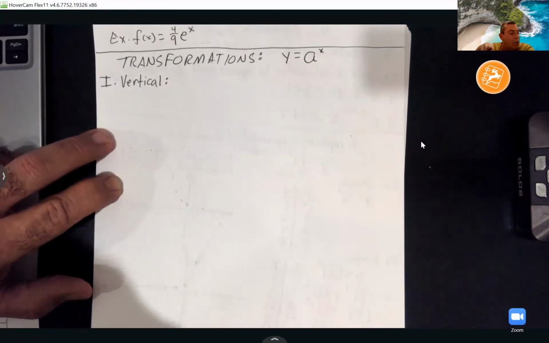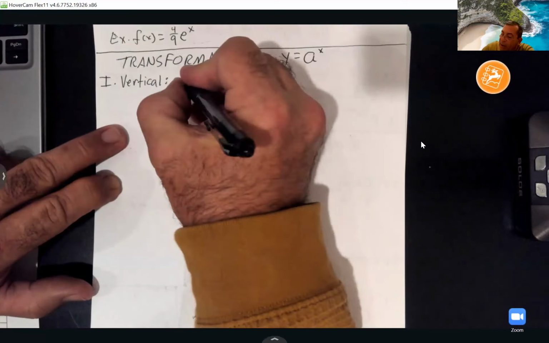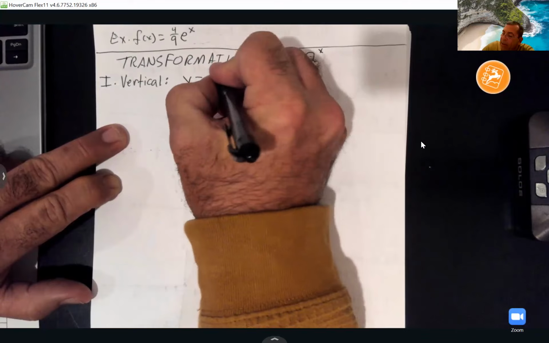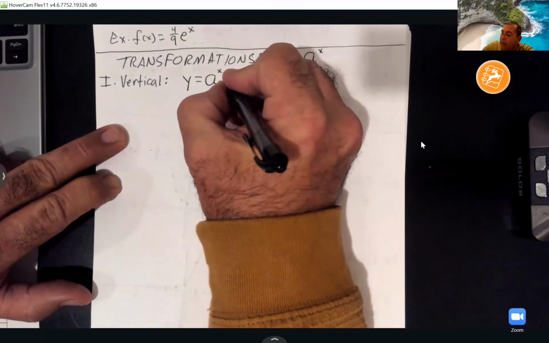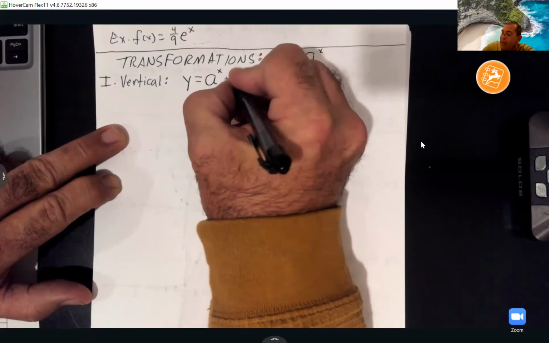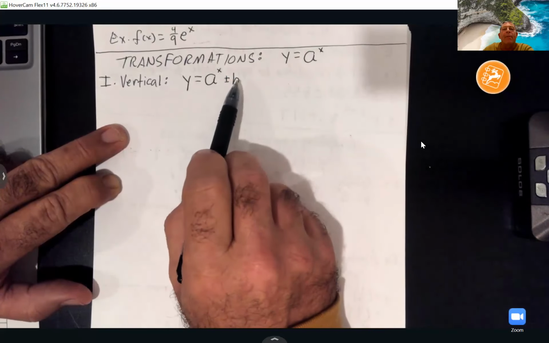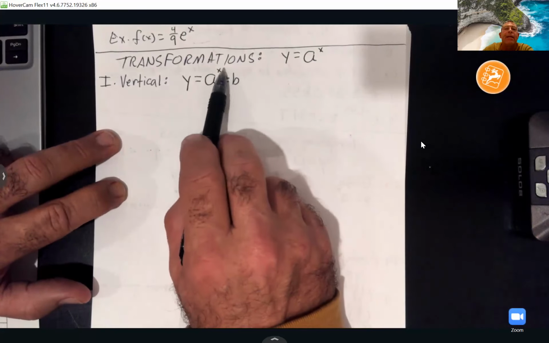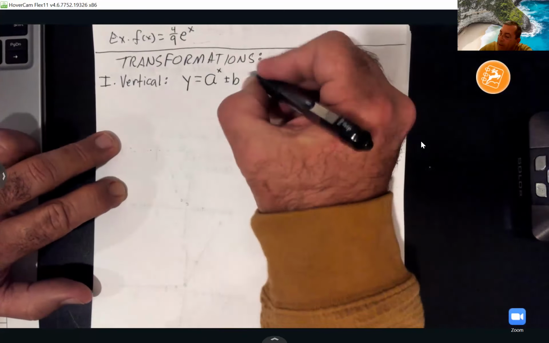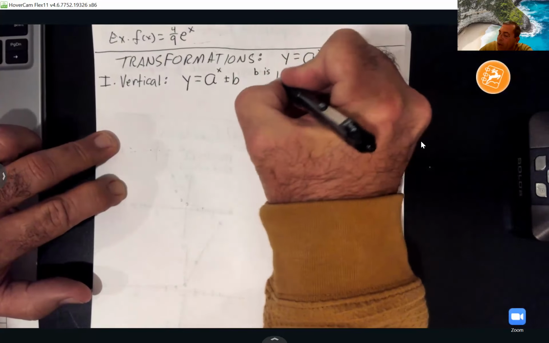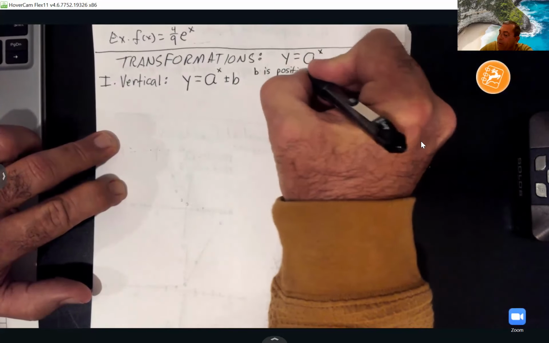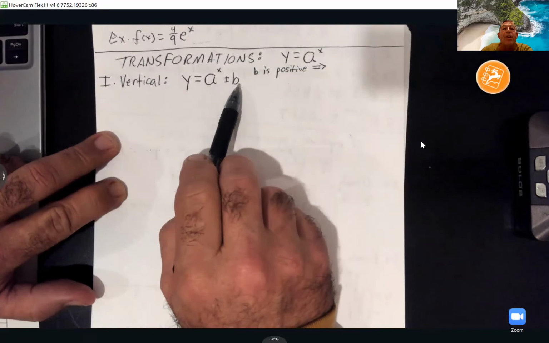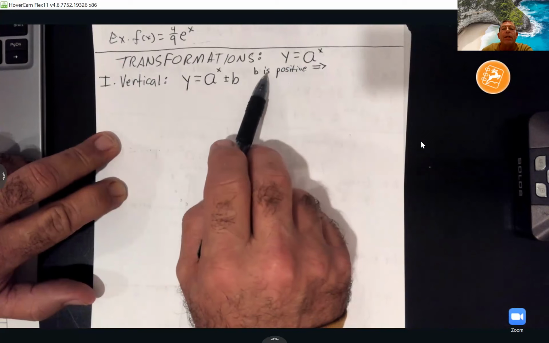So y'all remember, to do a vertical transformation, I had y equals a to the x plus or minus b. I'm adding a number at the end, or I'm subtracting a number at the end of the function. So as b is positive, even back in 7.2, if you added a number to the end of that function, what did it do?